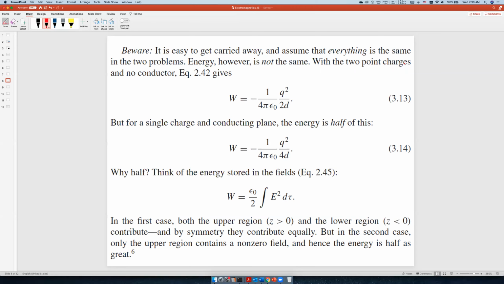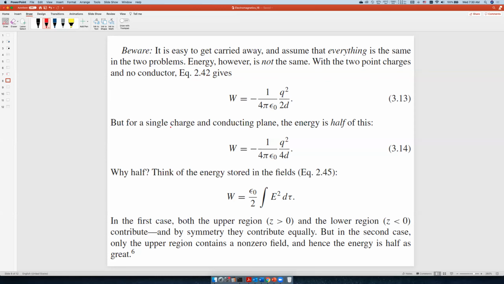So with two point charges and no conductor, equation 2.42 gives you the way to calculate the energy. So energy equals this equation. But for a single charge and a conducting plane, the energy is half of this energy, which is shown here, based on the previous equation 2.42.